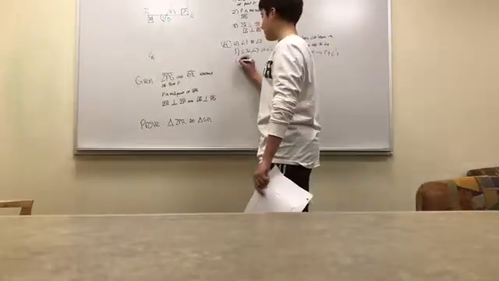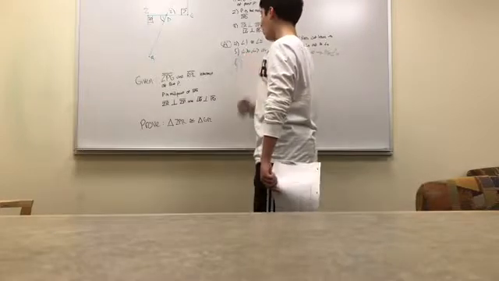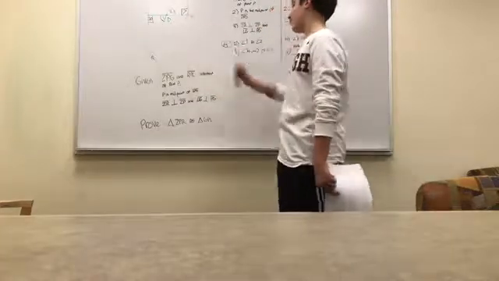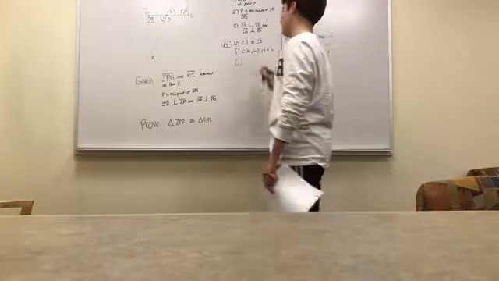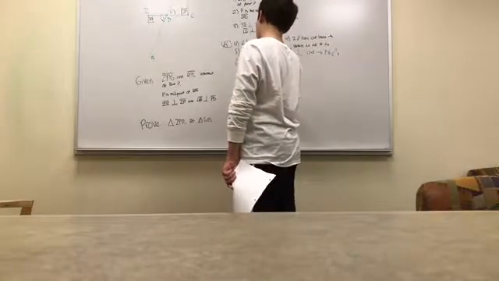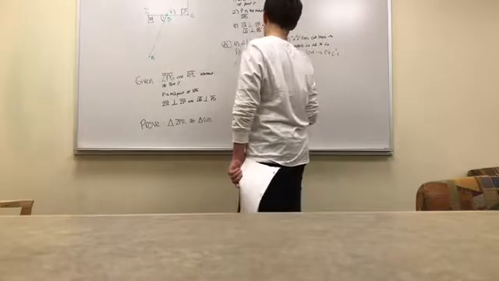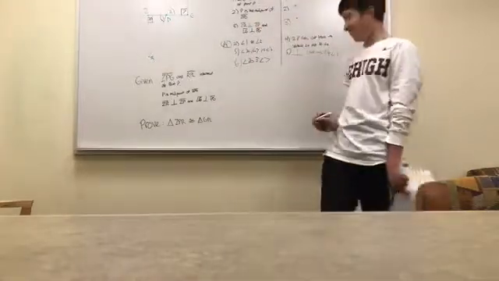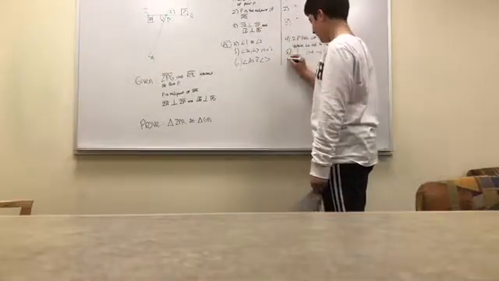For step 6, we're going to prove angle 30 and angle 7 congruent to each other. So angle 30 is congruent to angle 7. And you may be wondering why are they congruent?